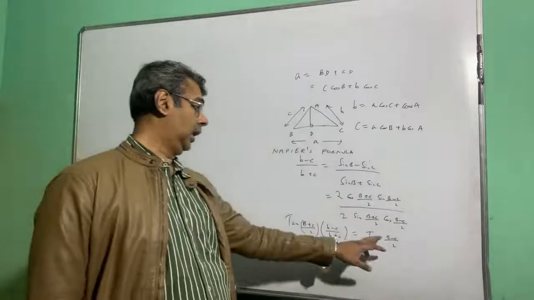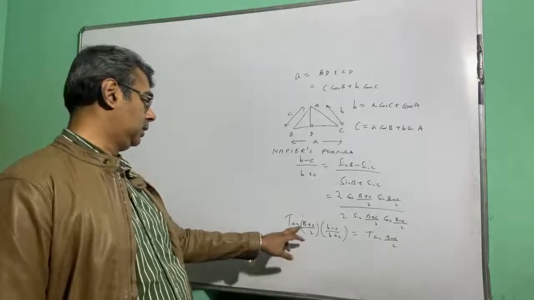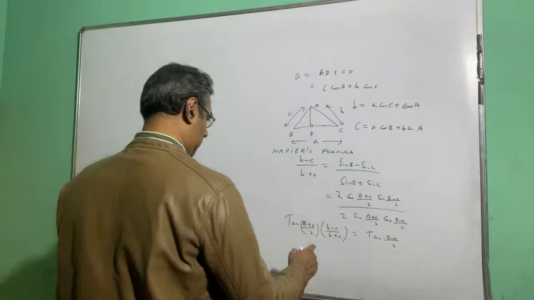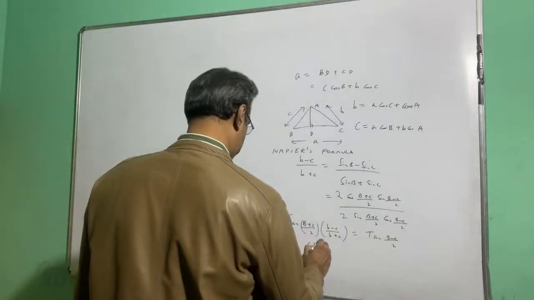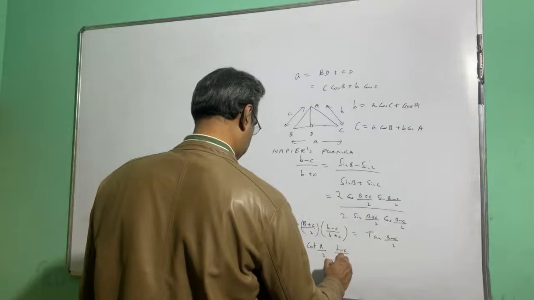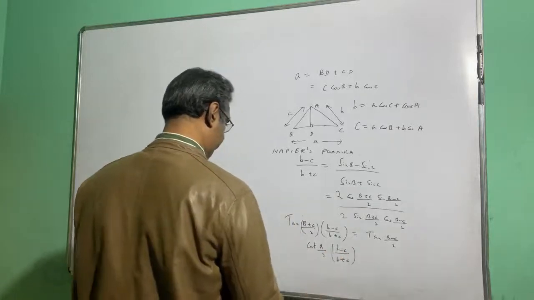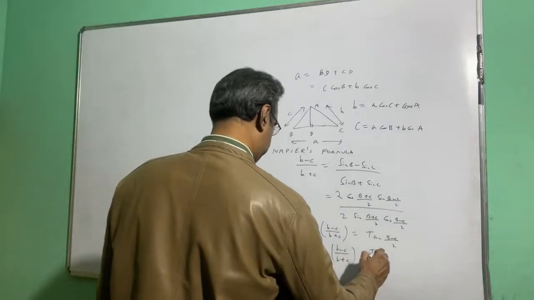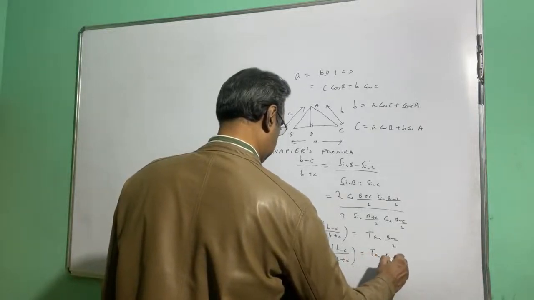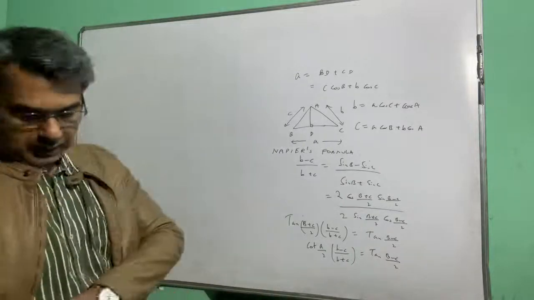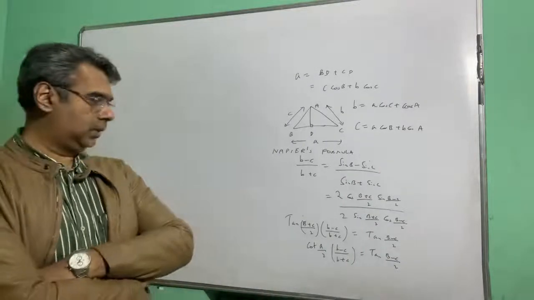So tan (B minus C)/2 is equal to tan (B plus C)/2 into (B minus C) by (B plus C). Now, (B plus C)/2 is, so cot A/2 is (B minus C) by (B plus C) is equal to tan (B minus C)/2, right?